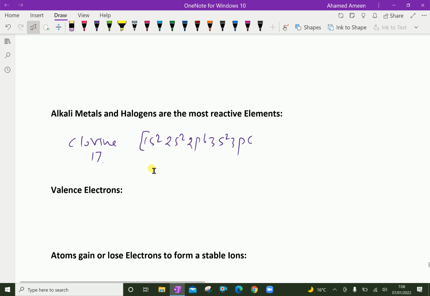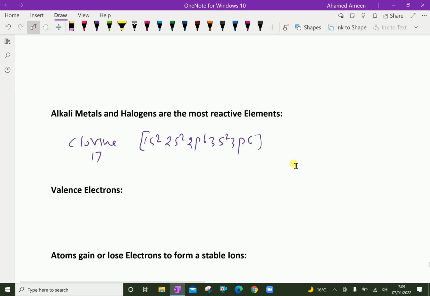That means chlorine is highly reactive, gaining one electron to form a noble gas structure. Actually, the last subshell is 3p5, it gains 1 electron, and the outermost p orbital then has 6 electrons.